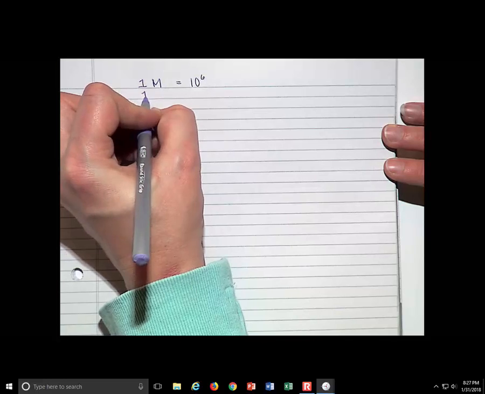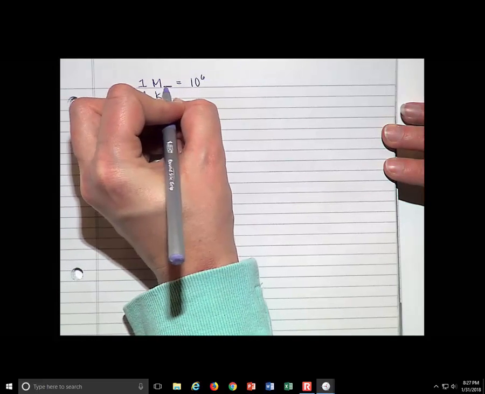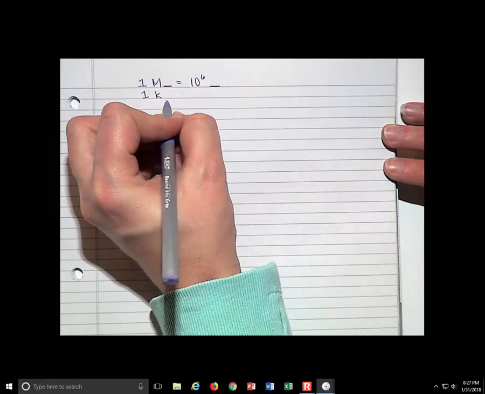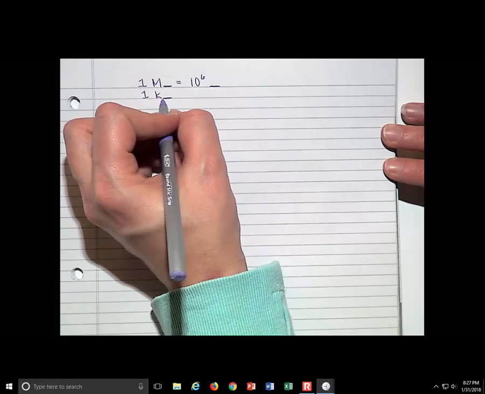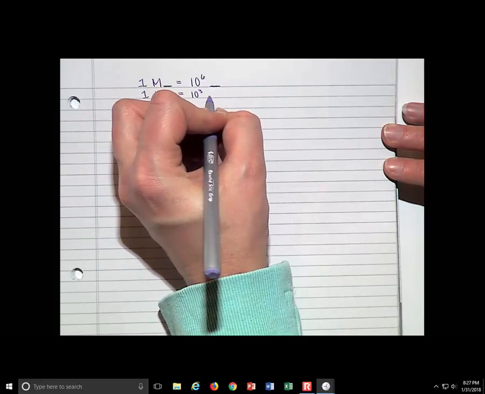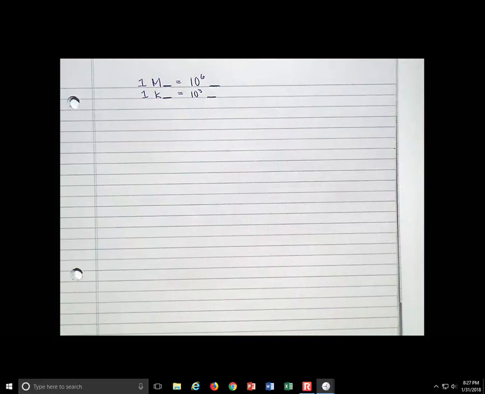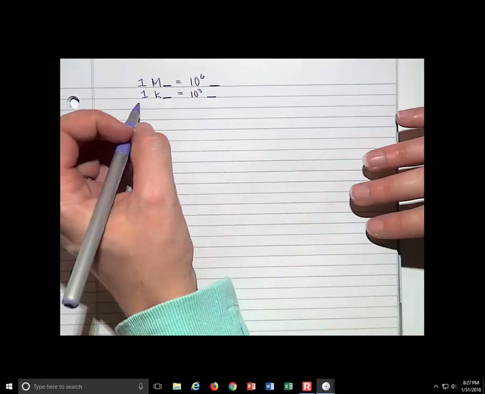Kilo is the next one. So 1, and here would be your units. And those units, again, can be anything. So 1 kilometer would be equal to 10 to the 3rd meters, or 1 kiloliter would be equal to 10 to the 3rd liters.